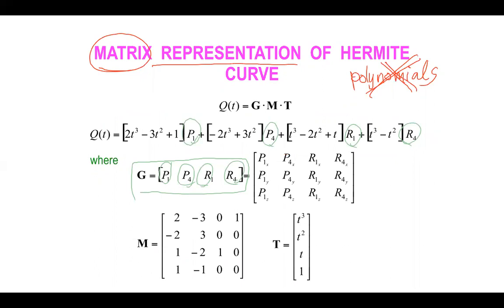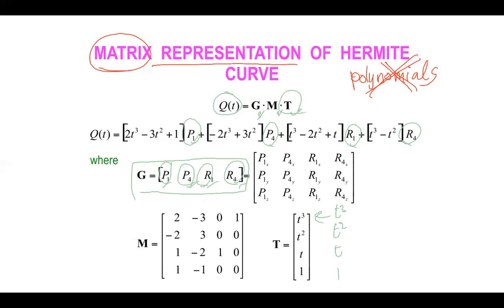You can just use GMT. Q(t) is a Hermite curve. It can be written in terms of three matrices, GMT. G is written in terms of P1, P4, R1, and R4. T is a column matrix represented by T raised to the power 3, T squared, T, and 1.